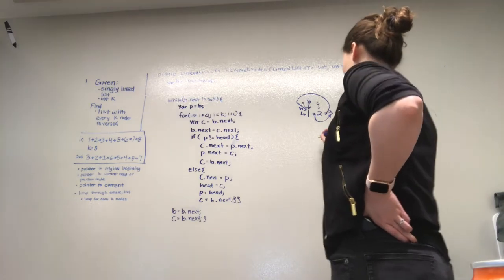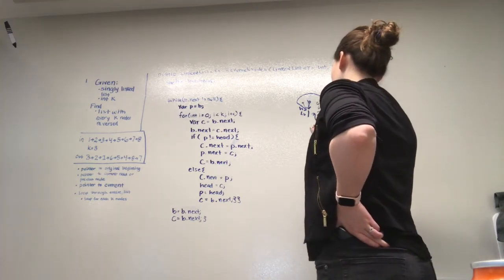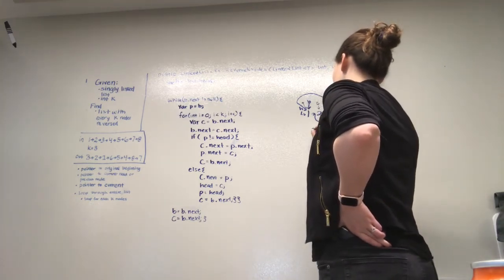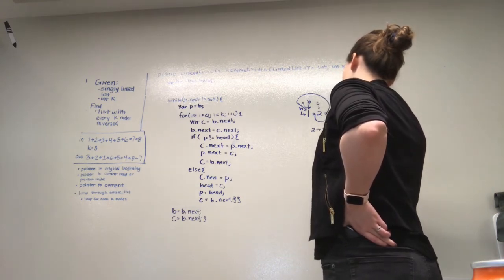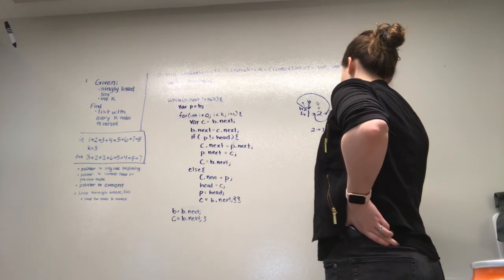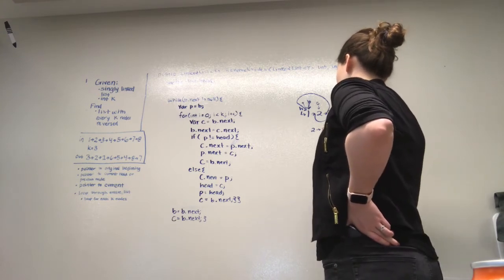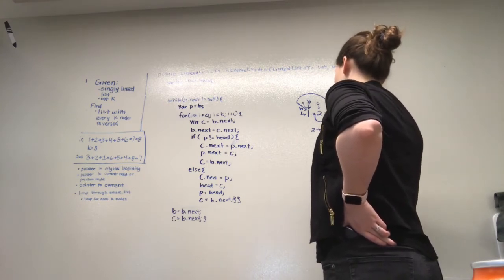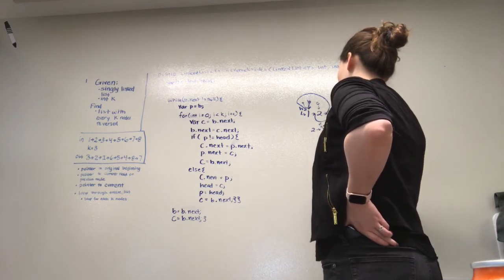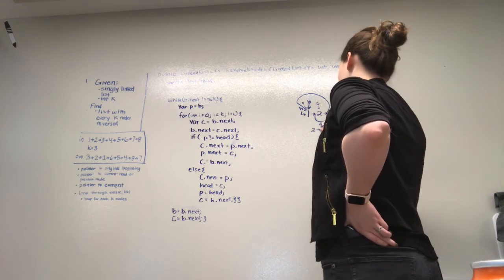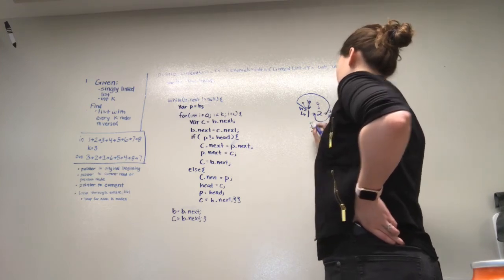So now our list is 2 pointing to 1 pointing to 3, but our head is still at 1, our p is at 1, and our b is at 1, and c is at 2.